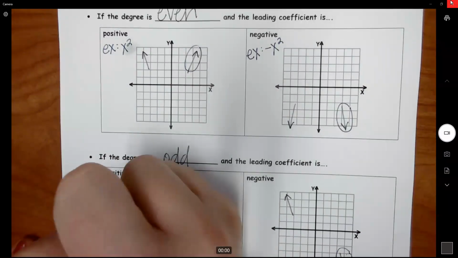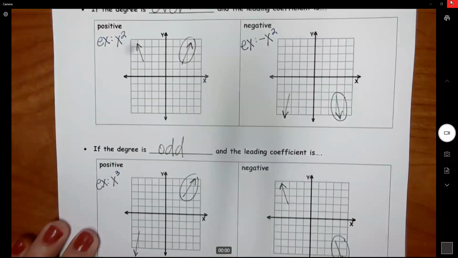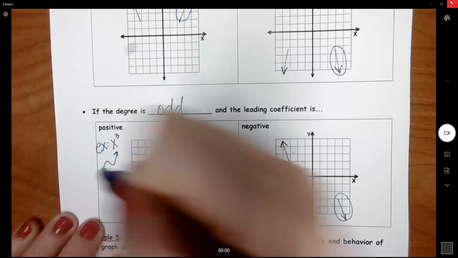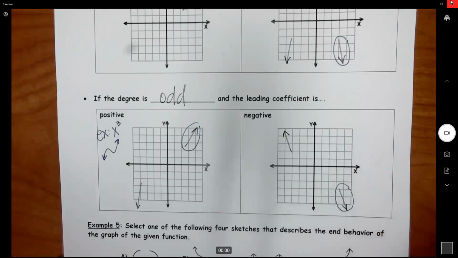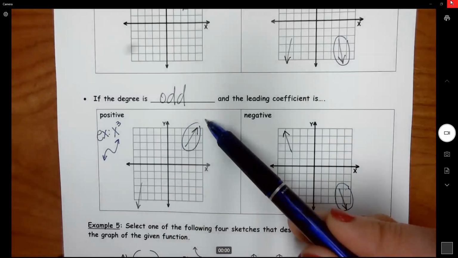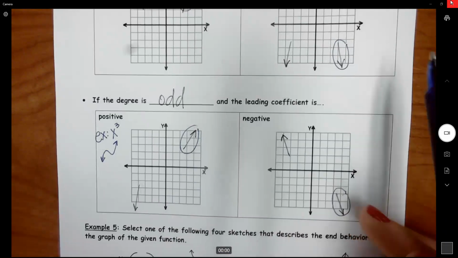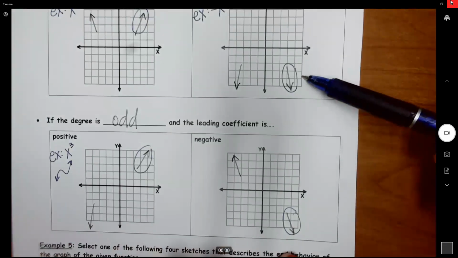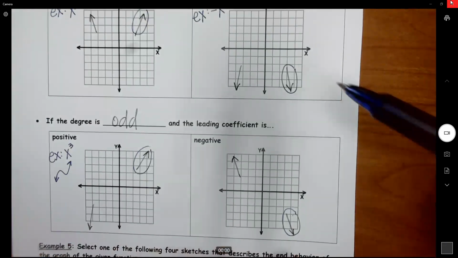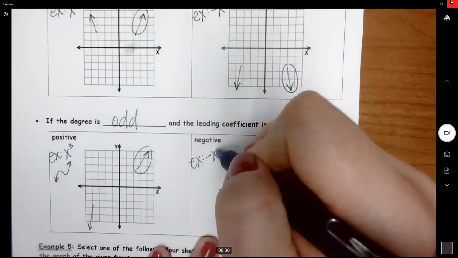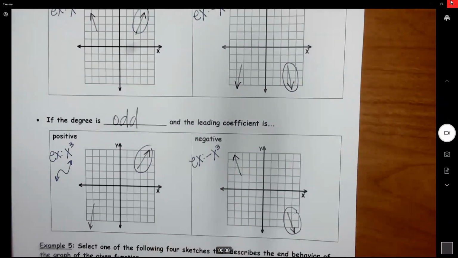In this one, for example, x cubed looks like this. It's going to start low and it's going to end up high. If your leading coefficient is negative, then it's going to end going down. Again, for example, negative x cubed.